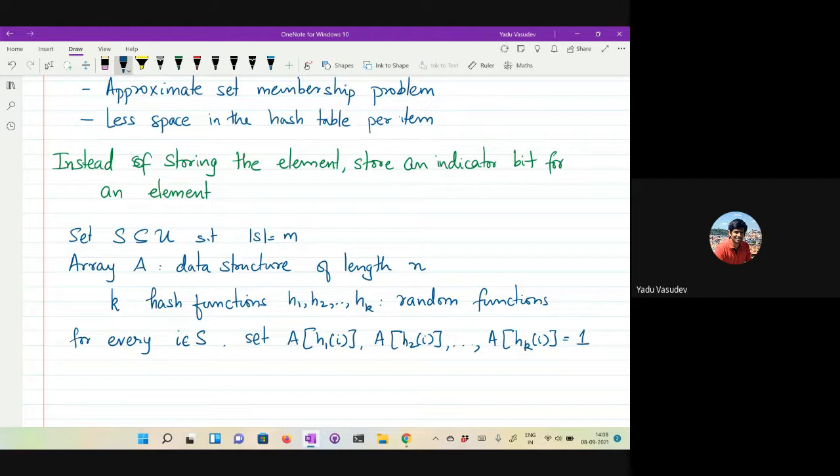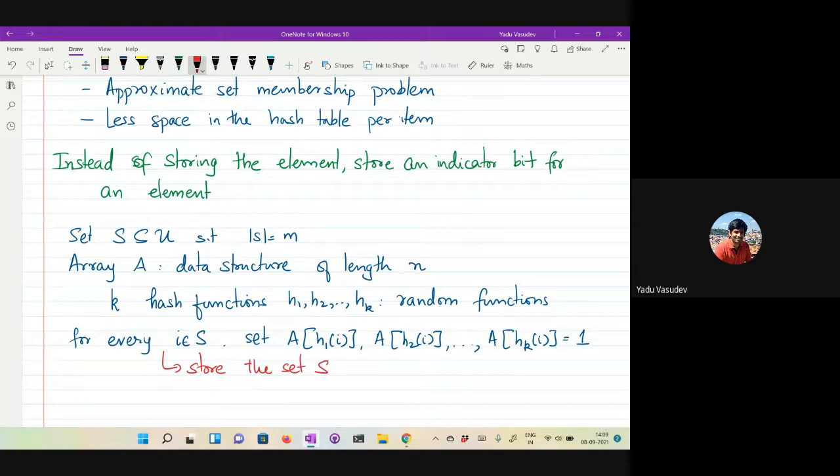So you're building some sort of redundancy into your system. You set these k bits in the array to be 1, and the bits are obtained from the hash functions h1 to hk. Okay, so this is the initial step, the way to store the set S.